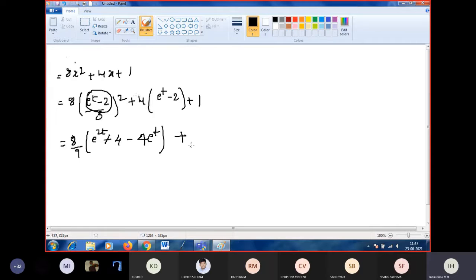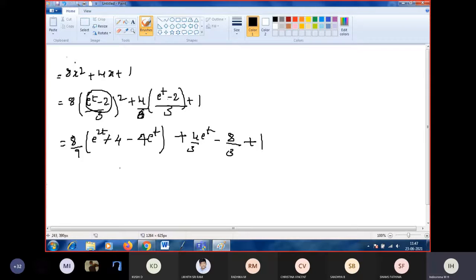Next, here 4 e power t, 4 by what? 4 by 3, no? It is 4 by 3, right? So here we have e power t minus 2 by 3. That is 4 by 3 into e power t minus 4 into 8 by 3 plus 1.